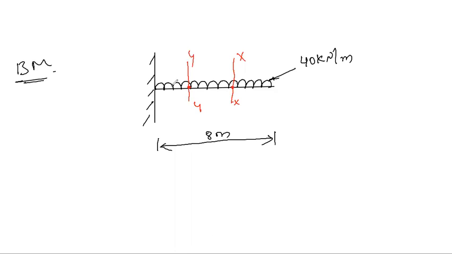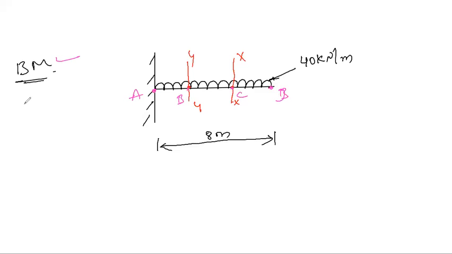Once you take the sections, next mark points over there: A, B, C, D. These are the cross sections where we need to calculate the bending moment. Section A, section B, section C, and section D.